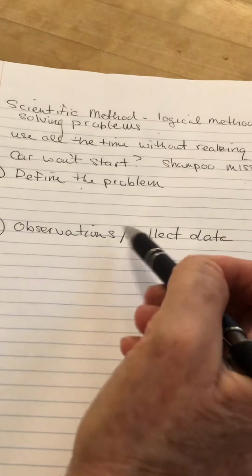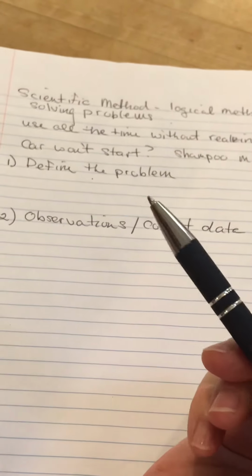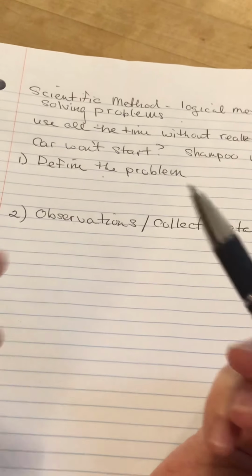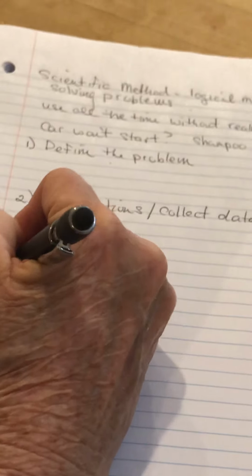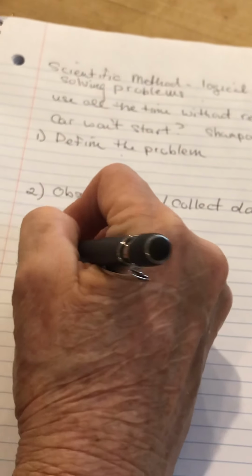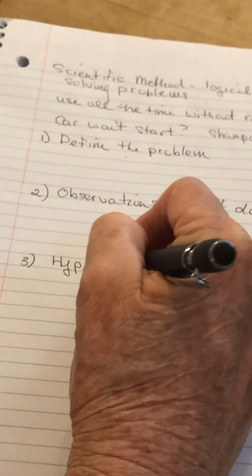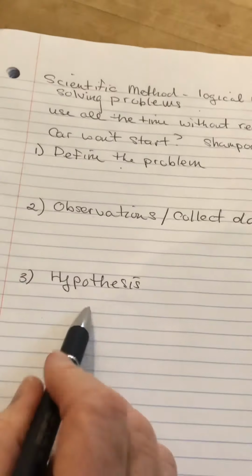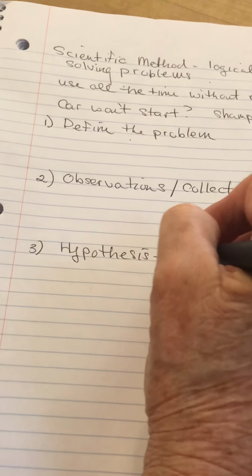Secondly, ask people in your family, did you take it? Or did you borrow it? Little brother, did you just steal it to be nasty? Those are your observations. Then depending on what you find out, you form what's called a hypothesis. A hypothesis is simply a best guess at what's going on.